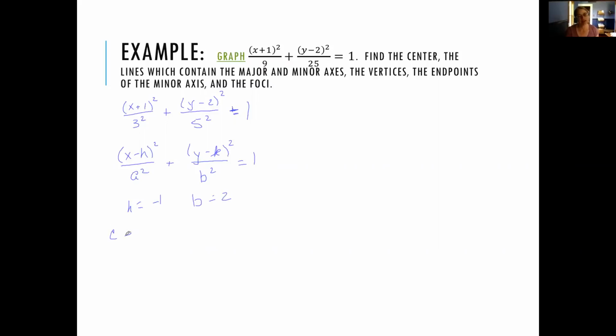So my center is at the point -1, 2. I know a is 3, b is 5. So from this I know that b is greater than a. So I have a vertical ellipse.